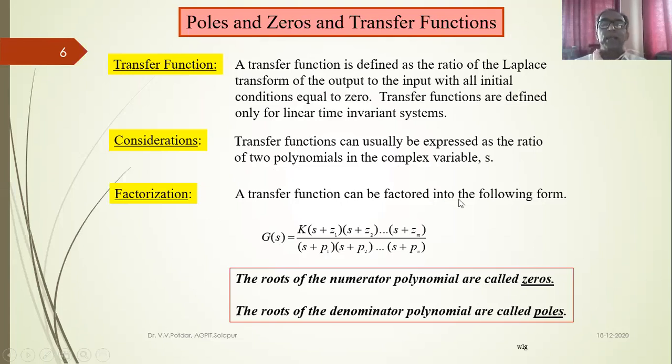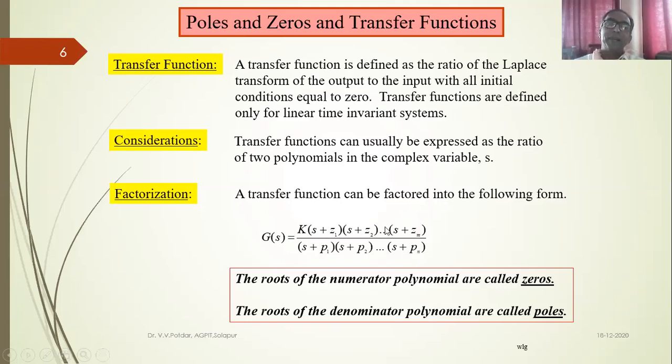A transfer function can be factored into the following forms. So G(s) is equal to K into s into a bracket. The factors can be a variety of factors. First order factors: I can have K into s into (s plus 1)(s plus 2)(s plus 3), right?